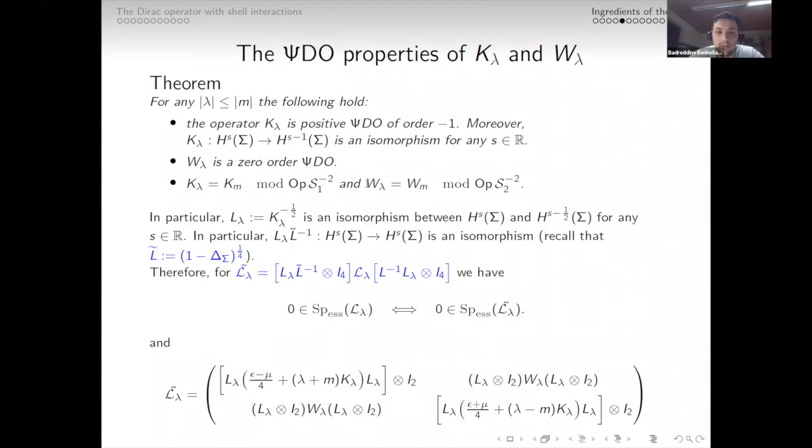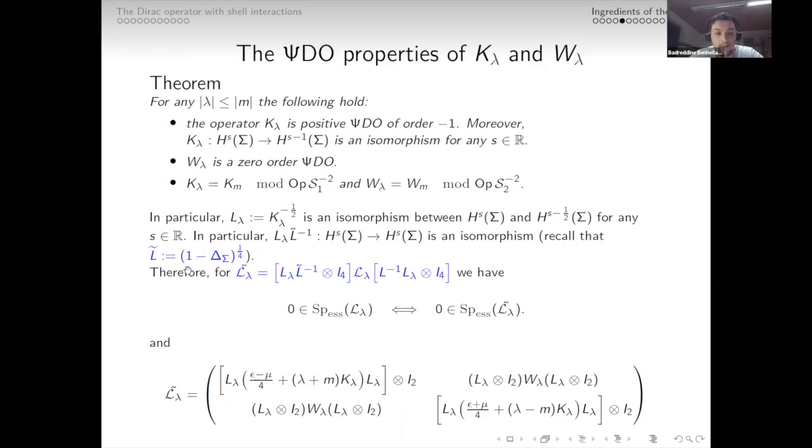So this is the most important property. And because of this property, we can define this square root, which is positive, and it is an isomorphism from HS to HS -1/2. And therefore, this multiplication is an isomorphism between HS and itself.